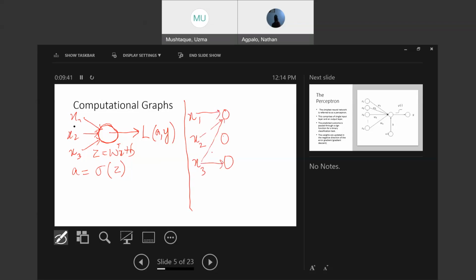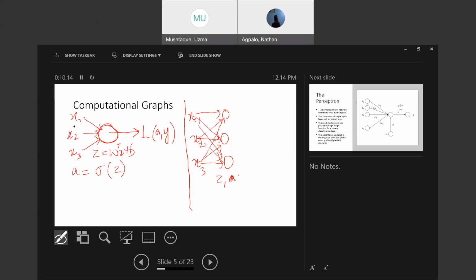Why would these be different? I'm coming to that. So every input is connected to every node, and then in every node I will have a similar computation: two steps, calculating my Z and my A, at every node.